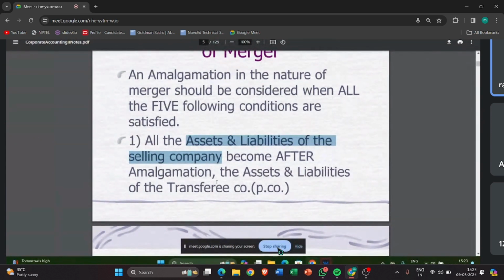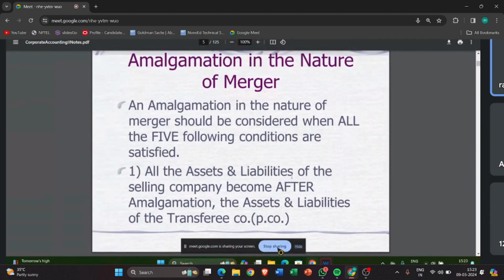The new company cannot say that I will not take over your stock, or your buildings, or the debtors. The loans and the creditors will not be taken over. No, there is no option as such. All the assets and liabilities have to be taken over by the other company. Then only it is called a merger.